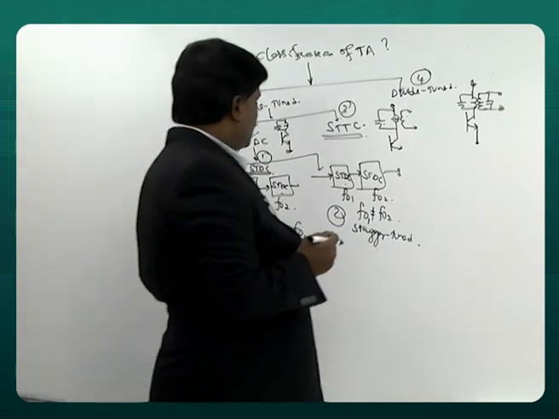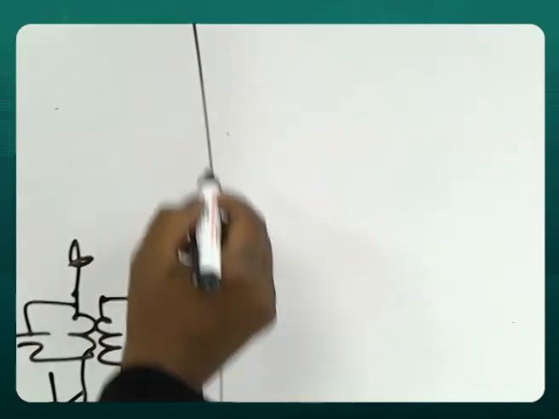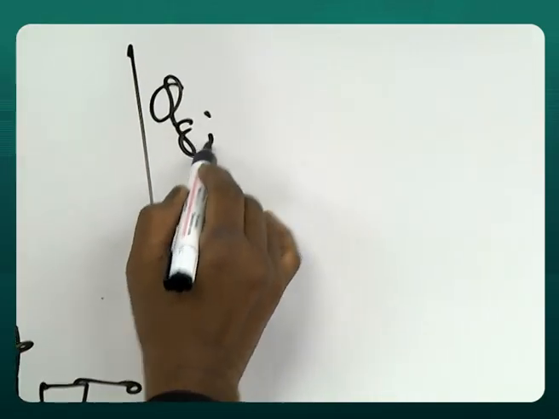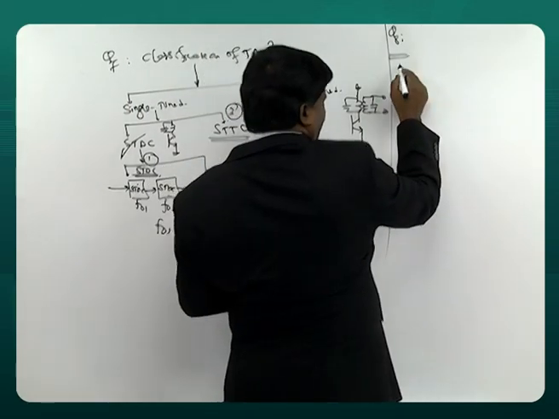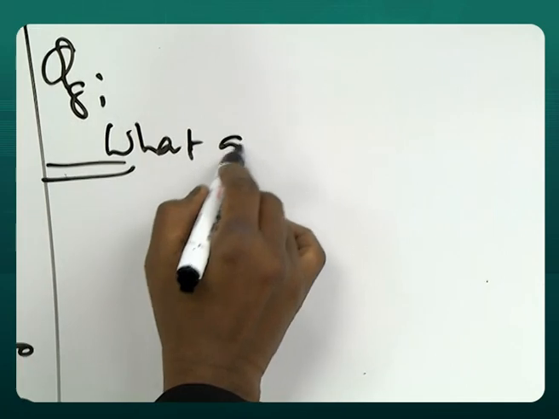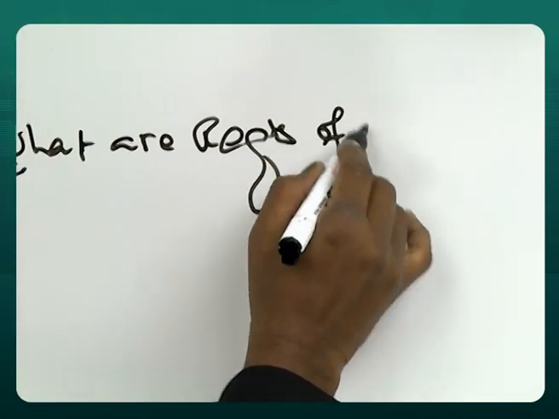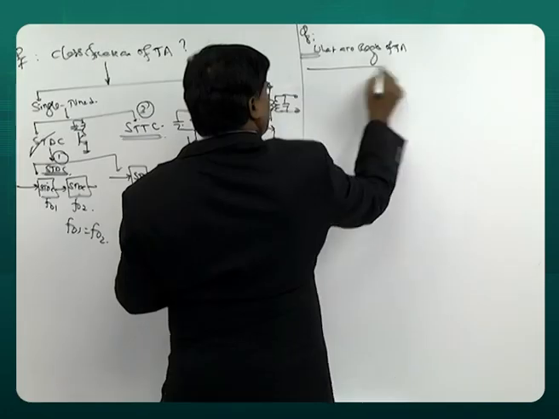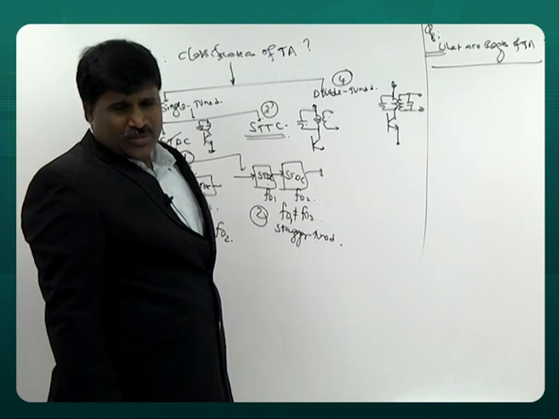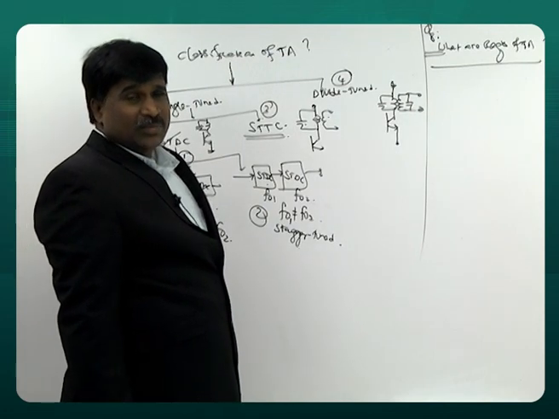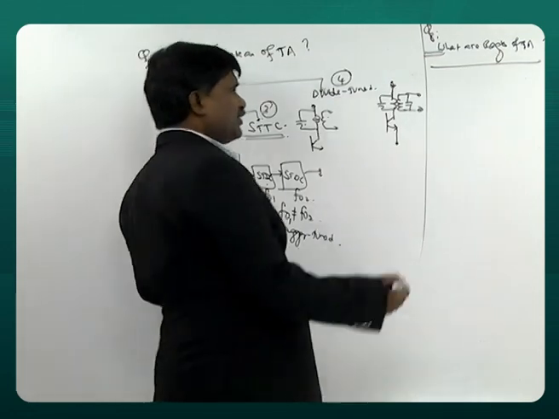But then the next question is question number 8. What are the requirements of a tuned amplifier? For us to say any tuned amplifier is good, we need to tell some requirements. There are only 3.